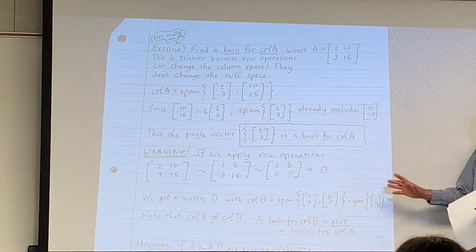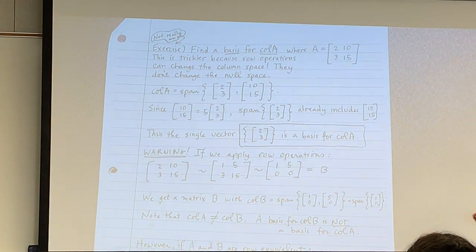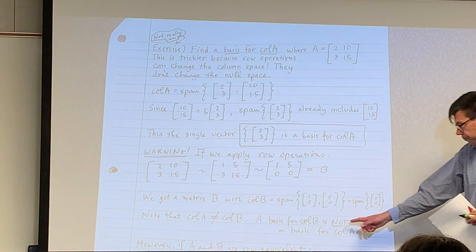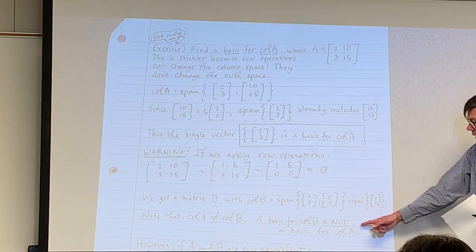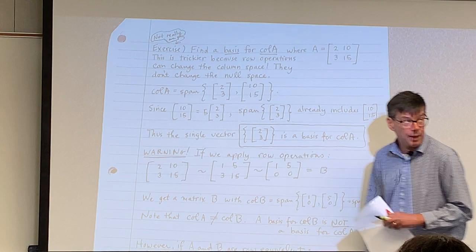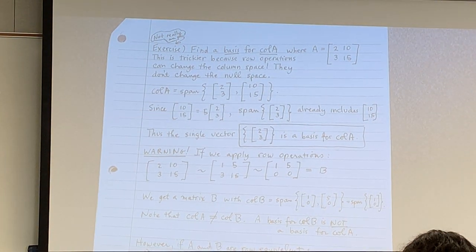So the moral of the story is the column space of A and the column space of B, the row reduced form, are not the same space. All right? When you row reduce, you get a different space. And a basis for the column space of B is not a basis for the column space of A. So we can't just use the row reduced form.